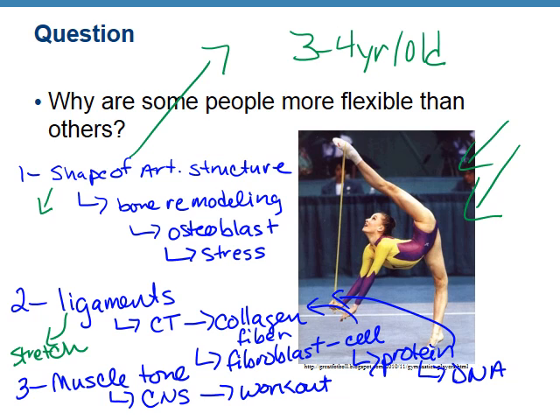As the shape of our bones were developing, we were applying stress and pressure on specific areas. So we could shape our articular structure, we could stretch our ligaments, and we could increase our muscle tone, and maybe, hopefully, we'd be able to assume this very flexible position.